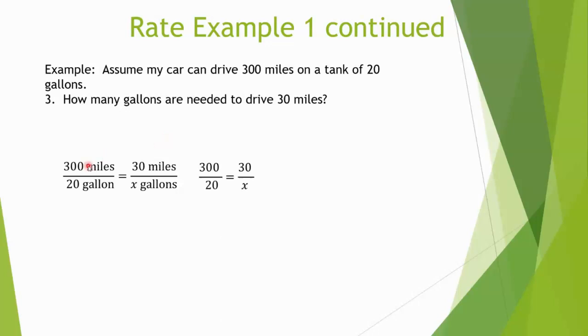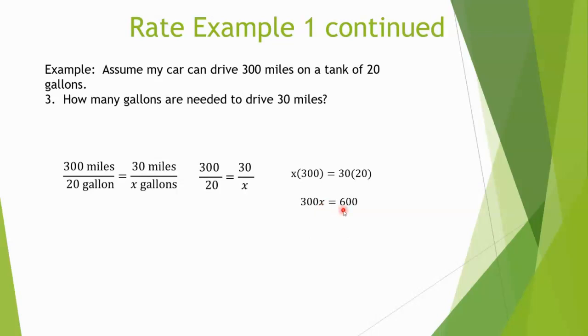Again, we had the units in the corresponding spots. We have our proportion, and we can cross multiply. Namely, by cross multiplying we have x times 300 on the left. On the right, we have 20 times 30. So this is what we get: 300 times x is 600.